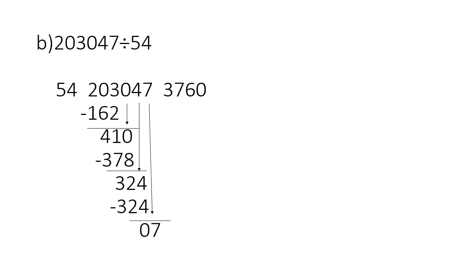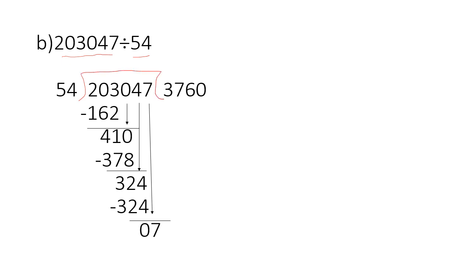B part is 2,03,047. Divide 2,03,047 by 54. 54 is our divisor and 2,03,047 is our dividend.